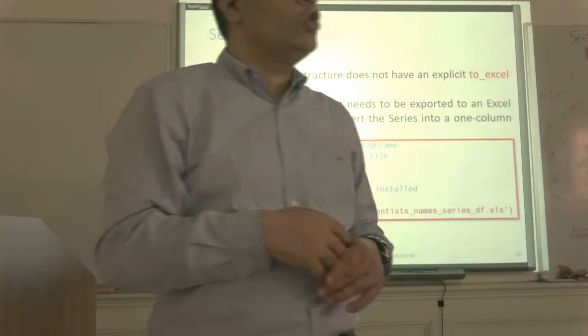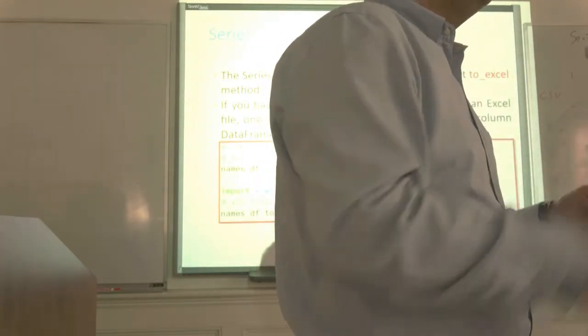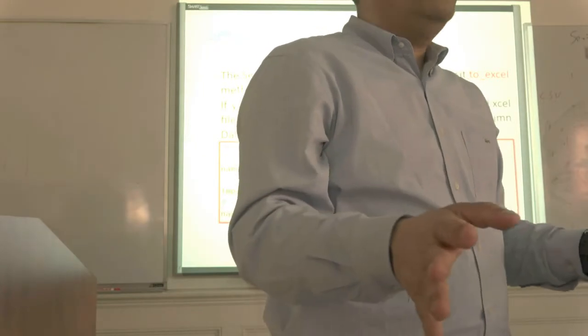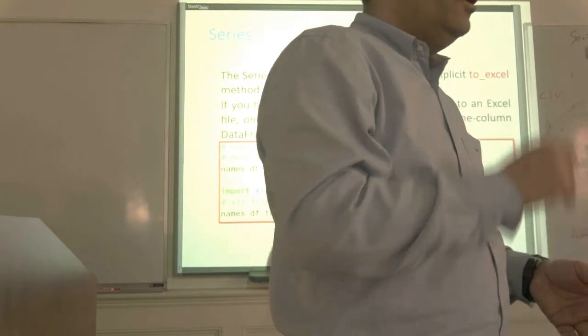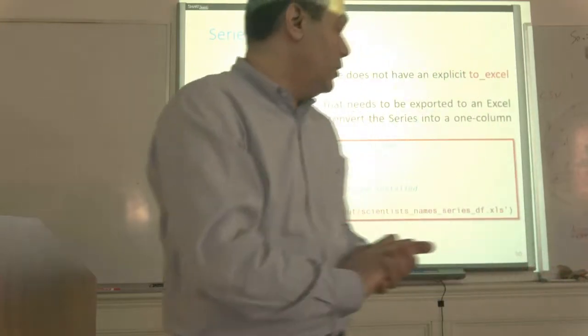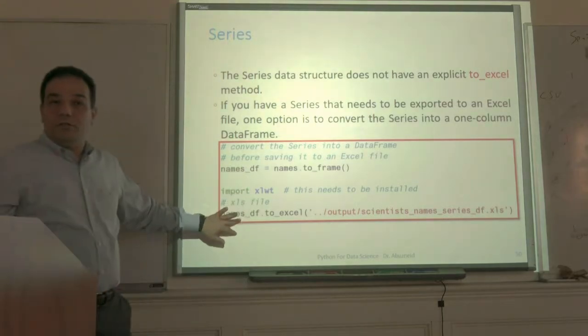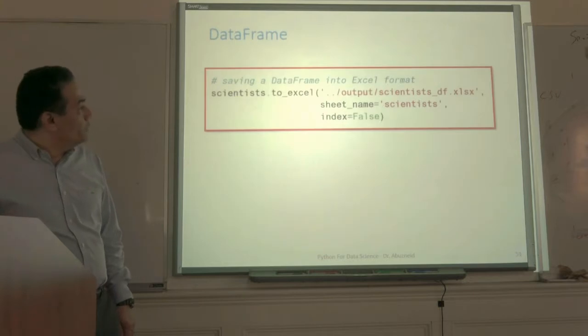If your data is so big, some of the data sets you'll work with will have like 5 million records. No way you'll be able to save it in an Excel sheet. I think an Excel sheet can have about 1 million rows maximum, okay? So you have to be careful, all right? So you could save to or read from an Excel sheet.